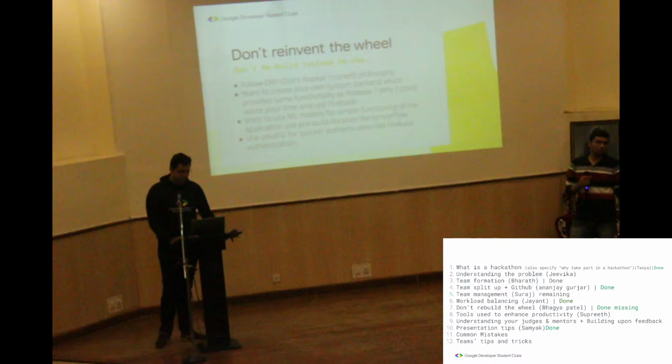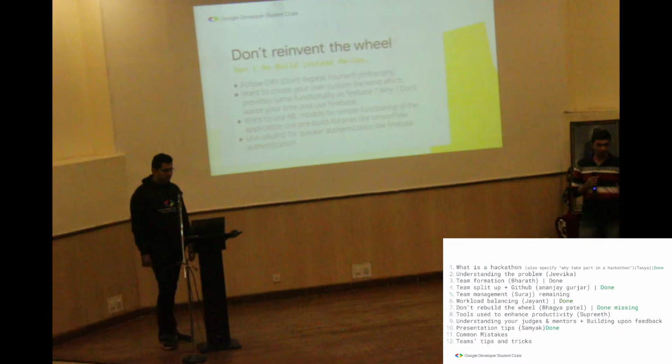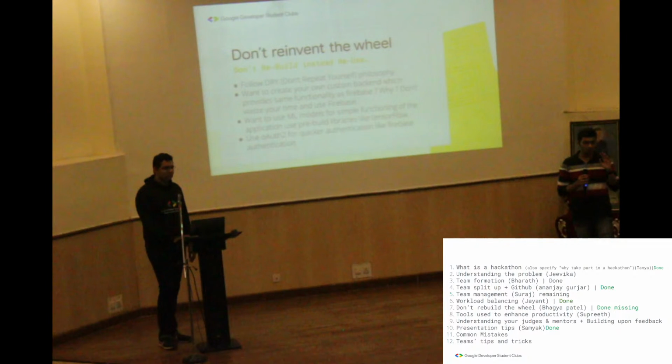Instead, you can take pre-built ML libraries such as TensorFlow, and you can also use OAuth 2, which is for quicker authentication. Firebase also provides authentication for faster and quick authentications. So just don't rebuild the components and save your time.